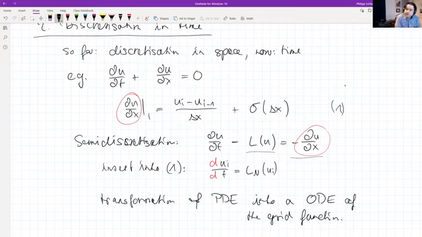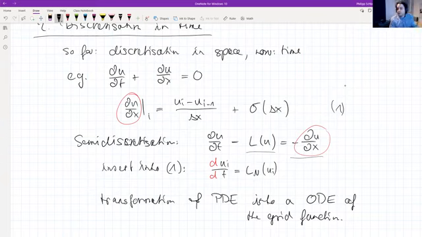And of course, that is a very important step, because we have gotten rid of all the spatial derivatives, and we are just left with a time derivative, an ordinary differential equation in time. That means that the discretization in time essentially just means to integrate an ordinary differential equation in time. So we can use all the favorite schemes that you may have encountered earlier for integration of ordinary differential equations.